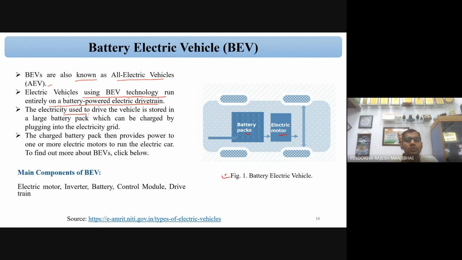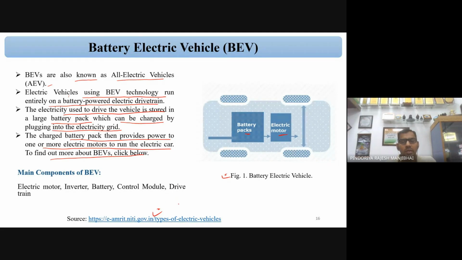The electricity used to drive the vehicle is stored in a large battery pack, which can be charged by plugging into the electricity grid. Yes, we have to charge this battery by plugging into our electricity grid. The charged battery pack then provides power to one or more electric motors to run the electric car. To find out more about the battery electric motor, you can click the link below. From this link, I got the information.